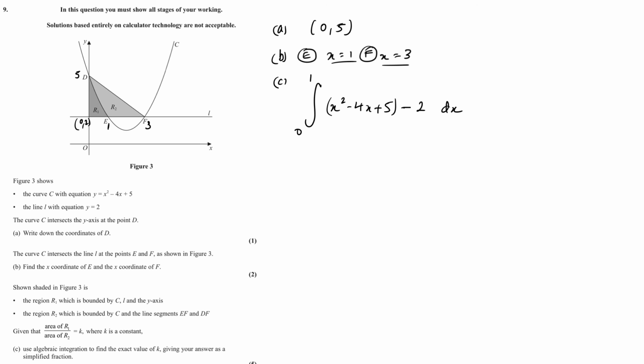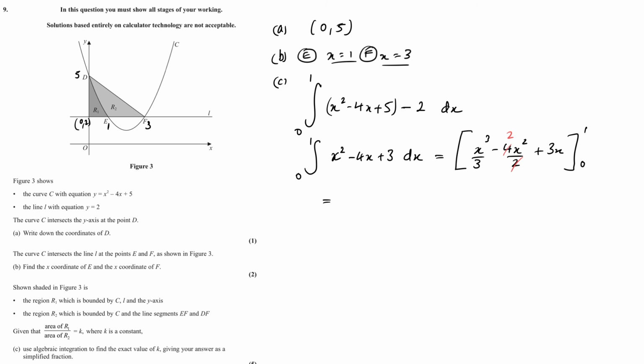So it's effectively integrating x squared minus 4x plus 3, and that will give me x cubed over 3 minus 4x squared over 2 plus 3x, and it's between 0 and 1, of course. The 2 will cancel there, and that'll make it slightly simpler.